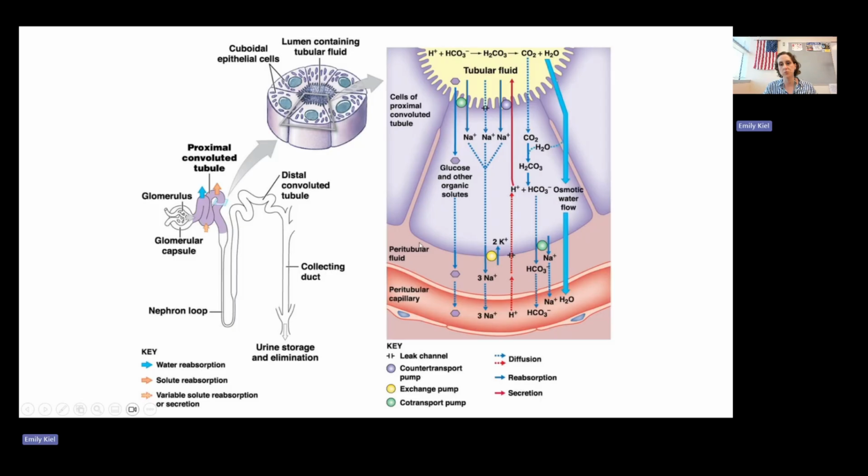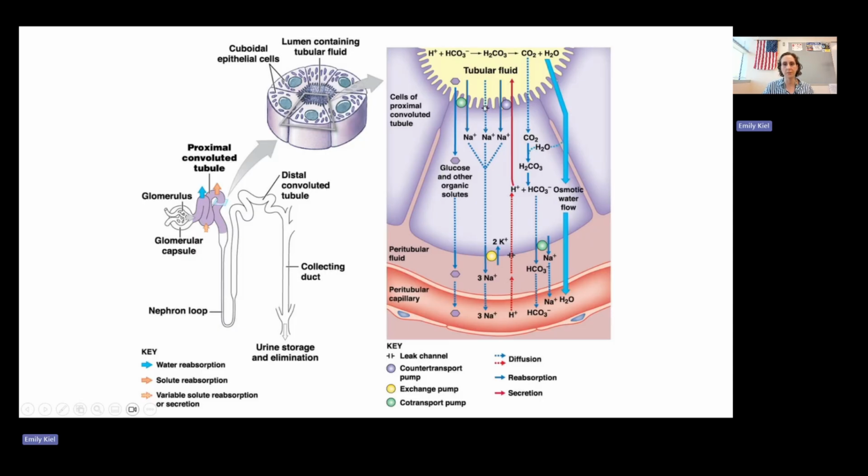We've got a couple of ways we're seeing things move. So our glucose and other solutes are being resorbed, and some of those right here are being transferred in symport with the sodium. So the sodium's following the glucose and the solutes. We have some sodium that's being exchanged with these hydrogen ions to help with pH control.